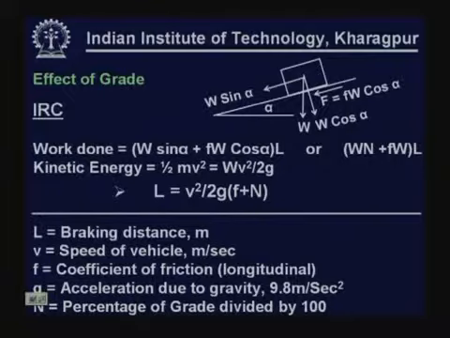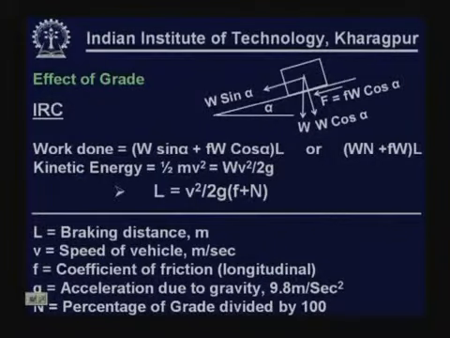So, work done in total is W sin alpha plus this frictional force, which is f, capital W weight of vehicle, cos alpha, multiplied by the length.